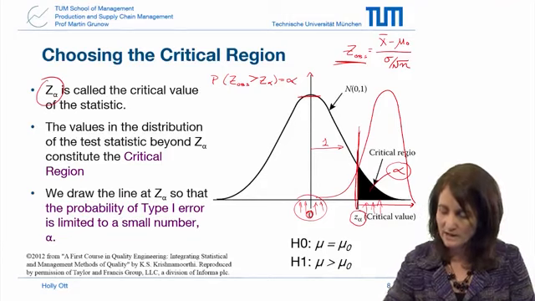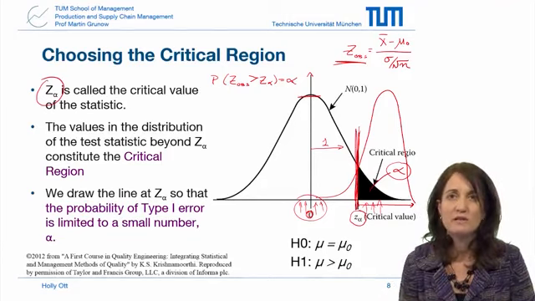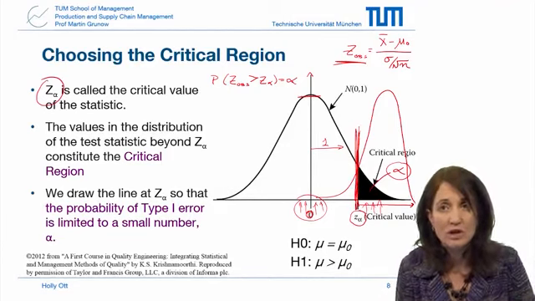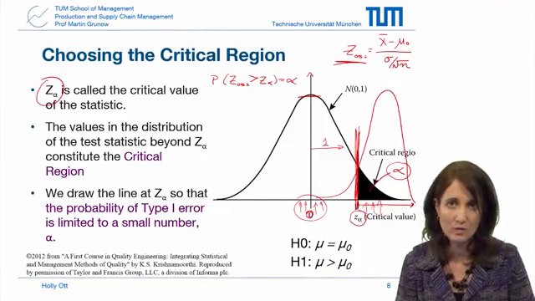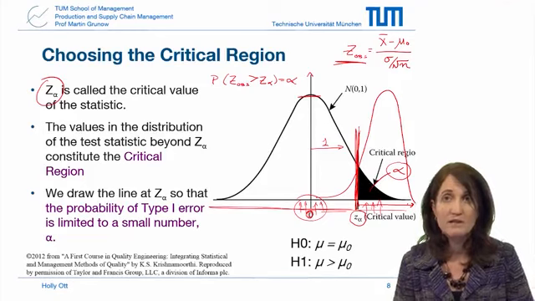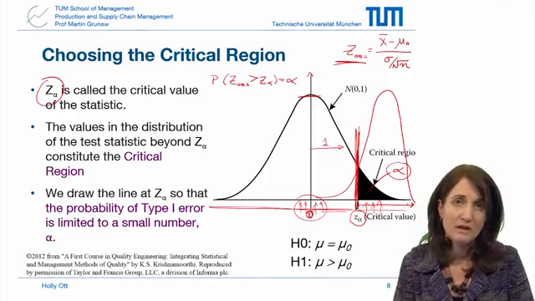And we have drawn a line then to determine how large is too large in order to decide if the null hypothesis should be rejected in favor of H1. Now, wherever the line is drawn, there will be a probability that H0 is rejected when, in fact, it is true, because, of course, this random variable z can take any value, a very large value or a very small value, even if its mean is 0.